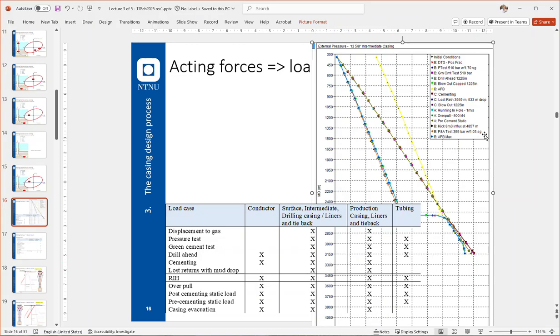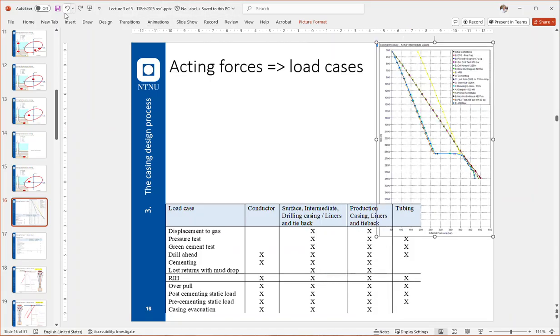Typically the yellow line, that's the collapse pressure. It doesn't say pressure test in blue here. External pressure. So basically what we do is design so that a pressure test that we're doing should be the highest load any part of our casing sees.